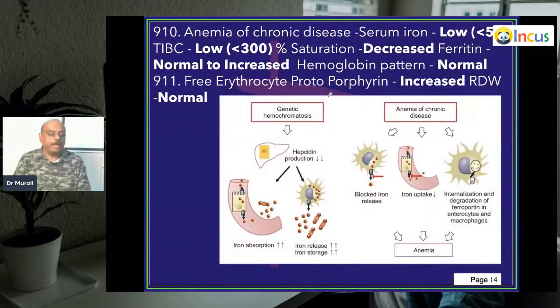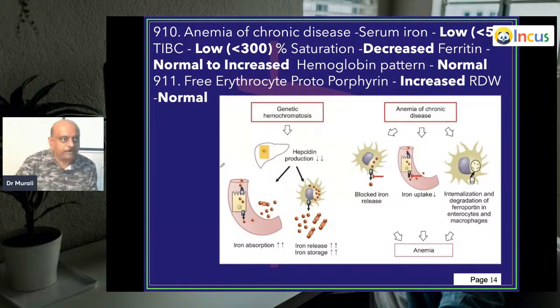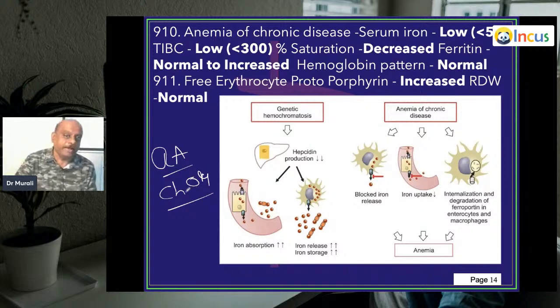So, anemia of chronic disease. Typically, whenever there is any chronic inflammation, like rheumatoid arthritis, chronic osteomyelitis, any long-standing inflammation, tuberculosis in India, right?